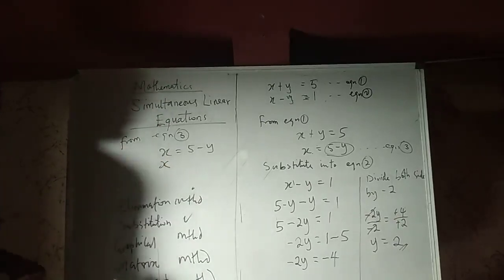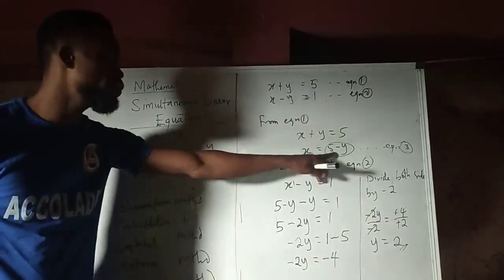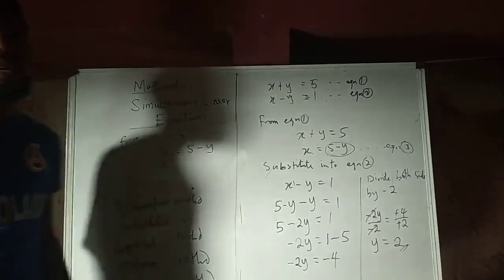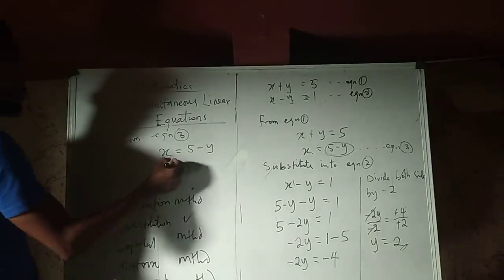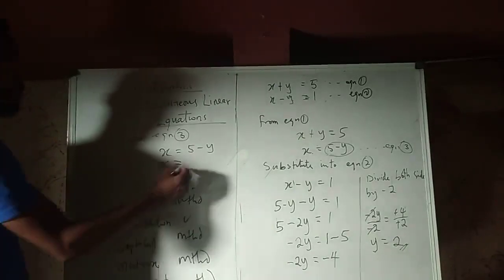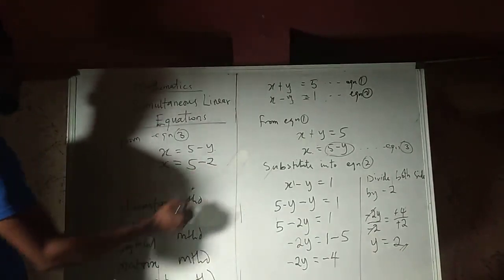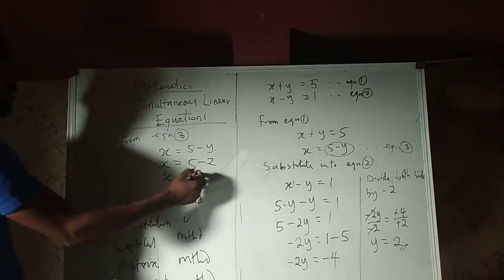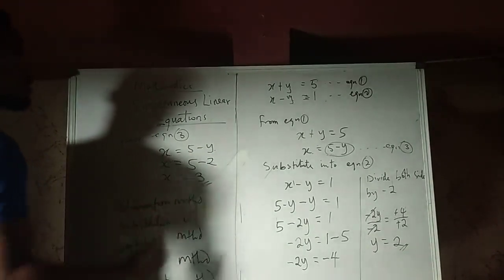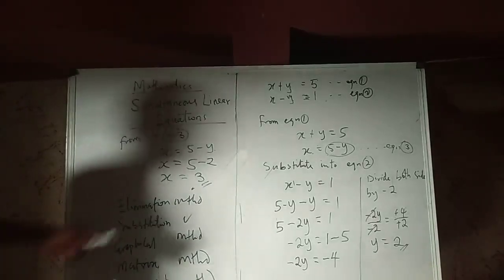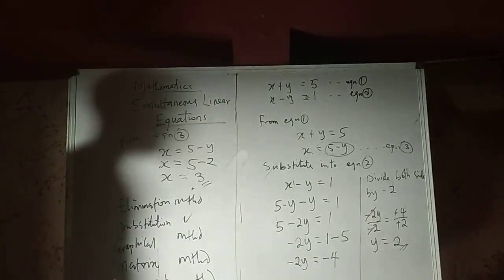And if I don't use it, I will not be making full use of this. So x will be equal to 5 minus y, and y is 2, you remember, so 5 minus 2. So x will now be 5 minus 2, which is simply 3, and that's the solution. By this, we are done solving this.